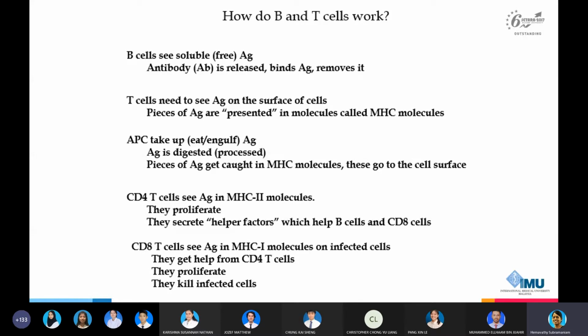Anyone want to give a try? Is it possible that the T cells will also attack the healthy tissue? All right, any other try? Good try. Anyone else? What can happen if the population of T regulatory cells is high in a cancer patient?